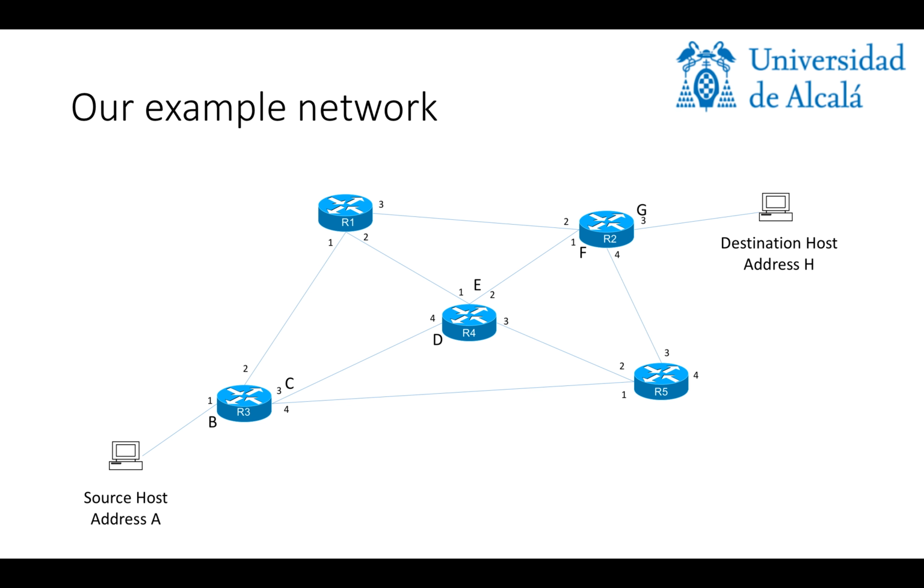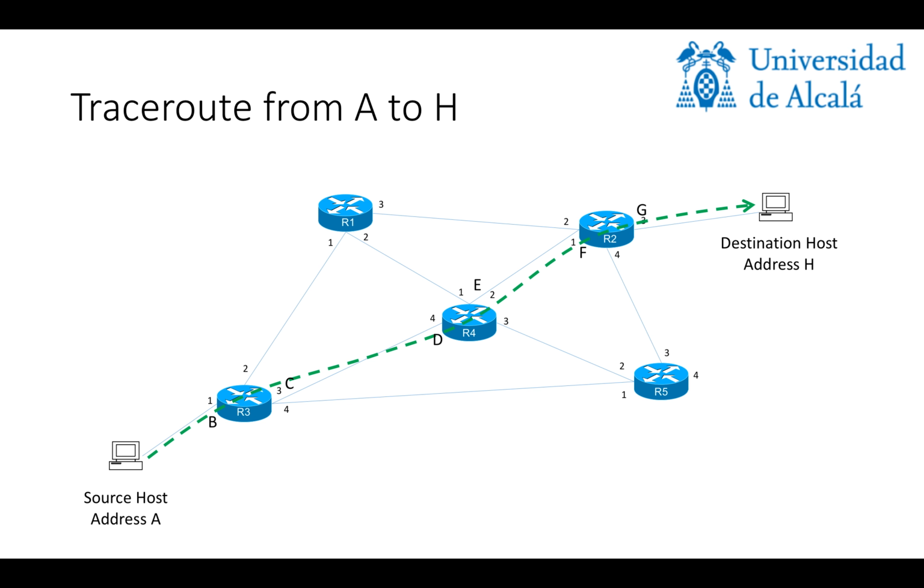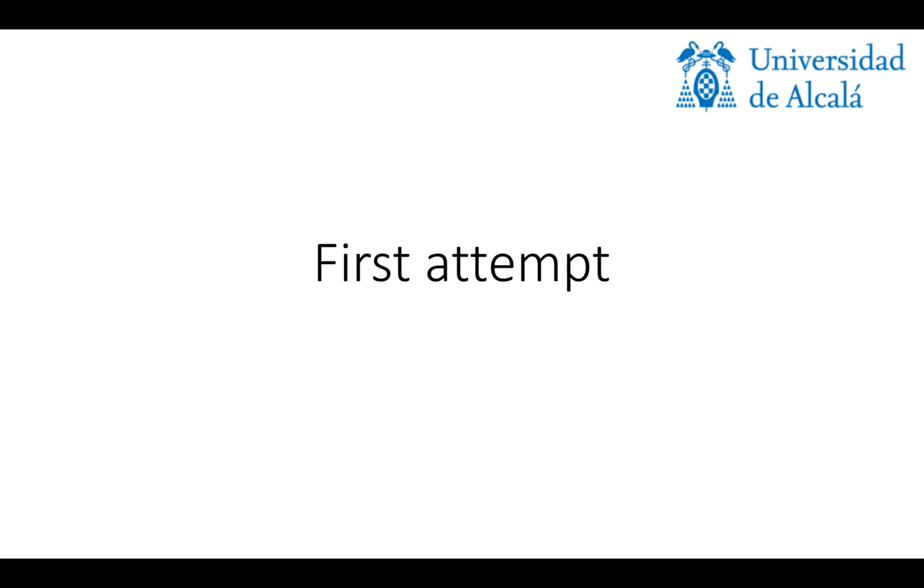We're going to send packets traversing this road that you can see now, which goes through R3, R4, and R2 to finally reach destination host H. And the IP addresses that are going to be involved in this path are A, B, C, D, E, F, G, and finally H.